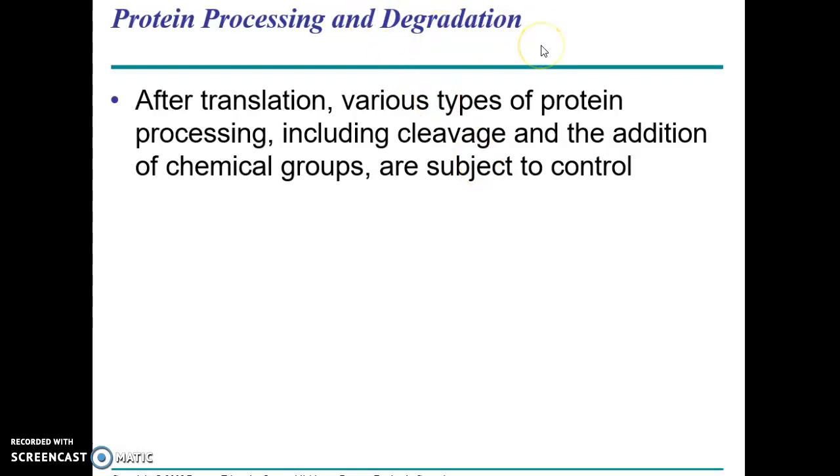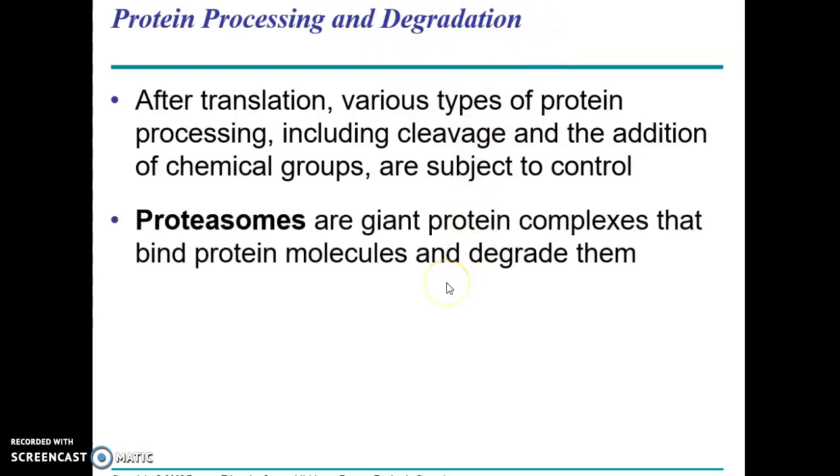Also within this subject is protein degradation. So some proteins in the cell are very short-lived. The cell only needs to use them for a certain amount of time, and then when the function of that protein is done, the cell can kind of turn that protein off. Very similar to like the function of lactase in prokaryotes.